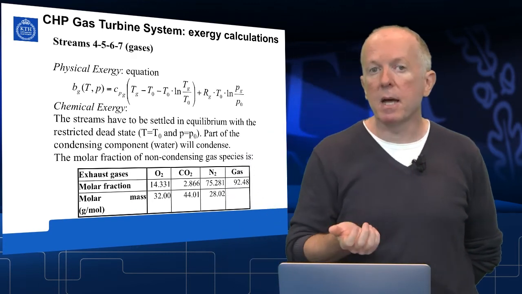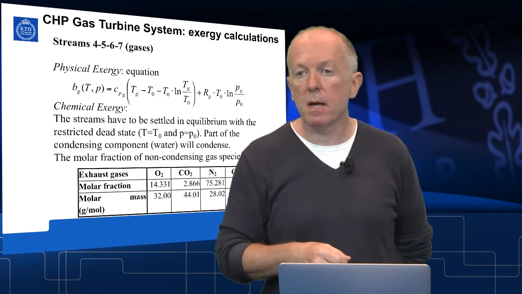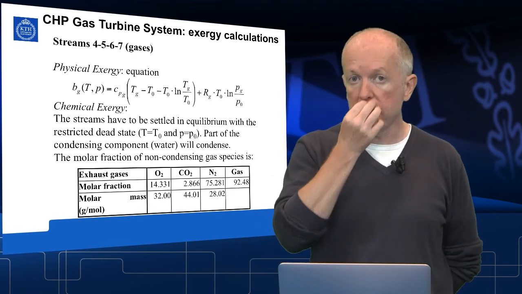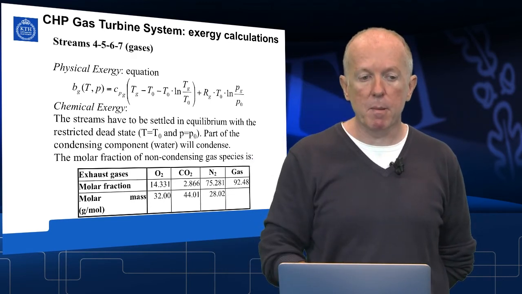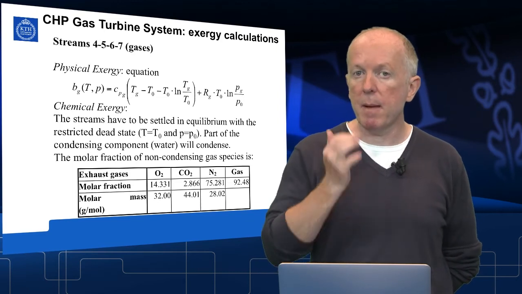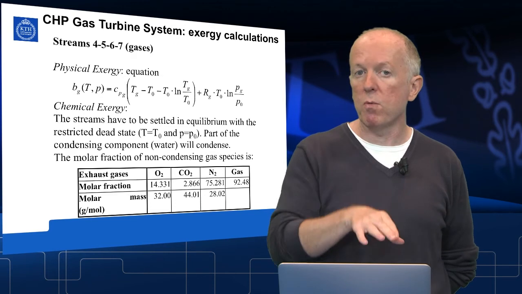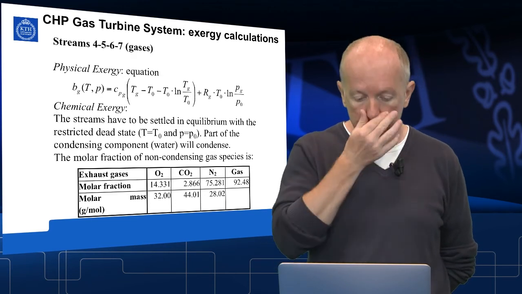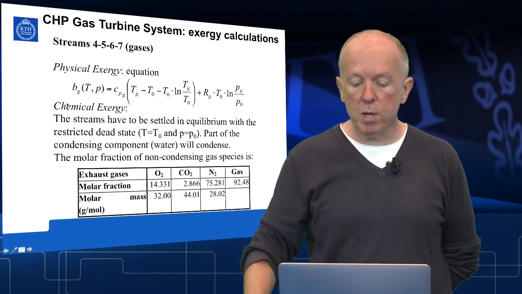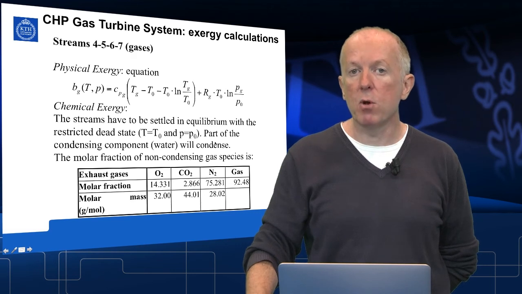The classical chemical species that can condense when cooled down, in the usual streams that we use in most thermodynamic systems, is water. So we have to consider that this phenomenon will occur.